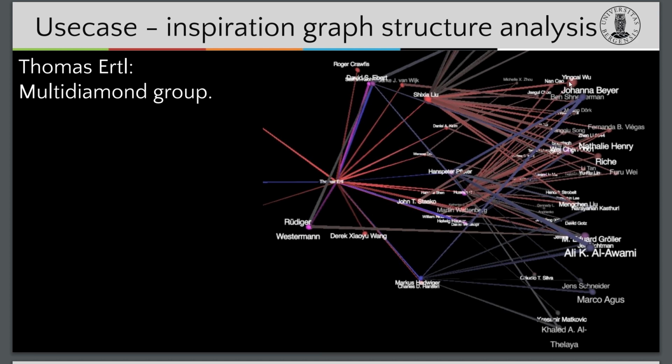And if you look at the inspiration graph of Thomas Ertl, you find a lot of these diamond shapes, which is not common for inspiration graphs. So I thought it was very interesting that he has a very big number of these diamond shapes.